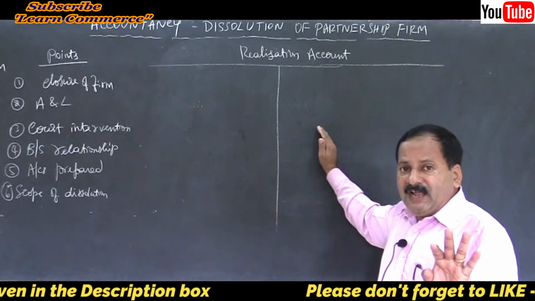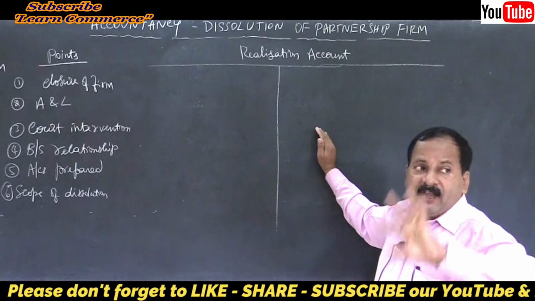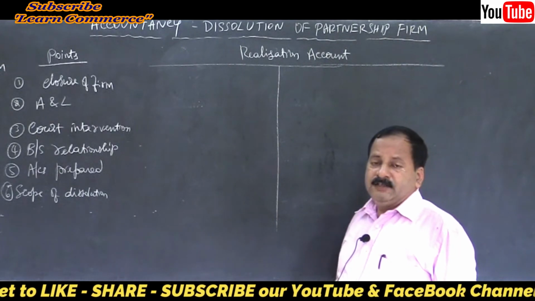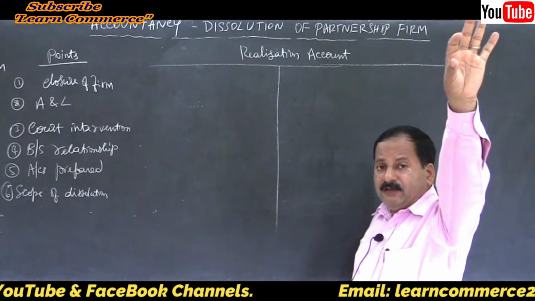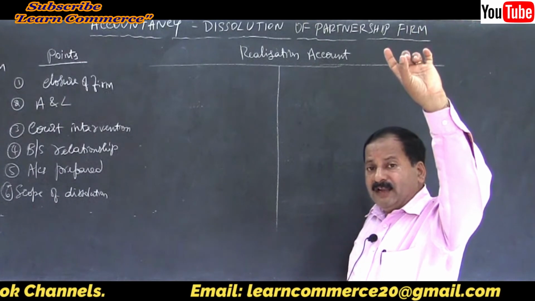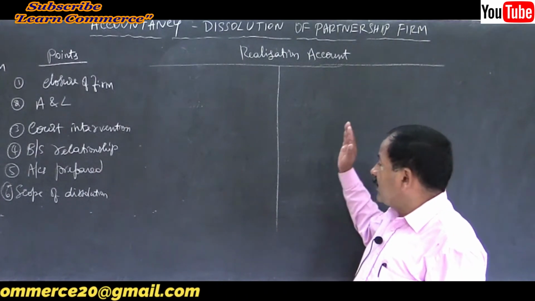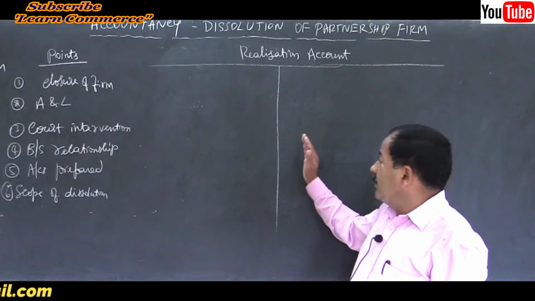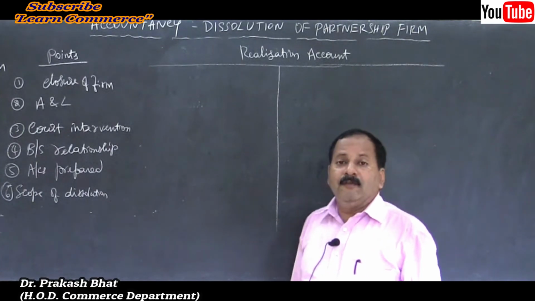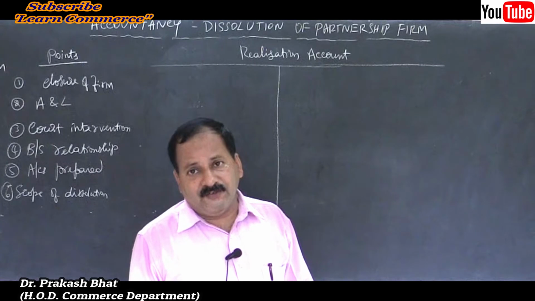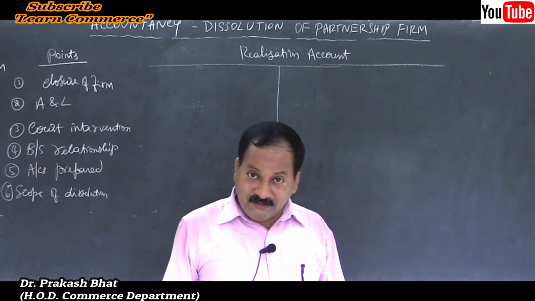You have to assume that as it is a tangible asset, it has been sold. And what value will you take? You will take the balance sheet value. Whatever balance sheet value is given in the problem, say furniture is given as 10,000, you will record the same amount here. You will write furniture 10,000 and add it to the total value of assets realized. That is what you have to do. Clear? Understood this?